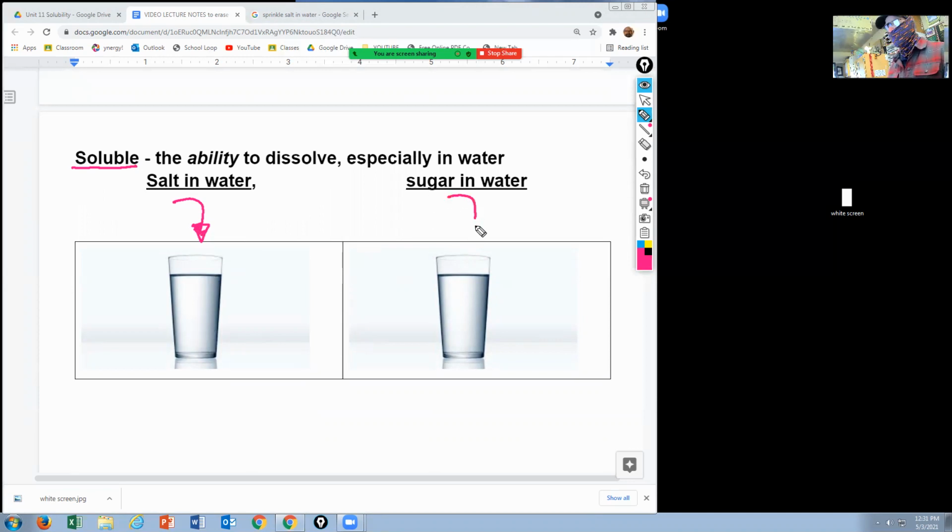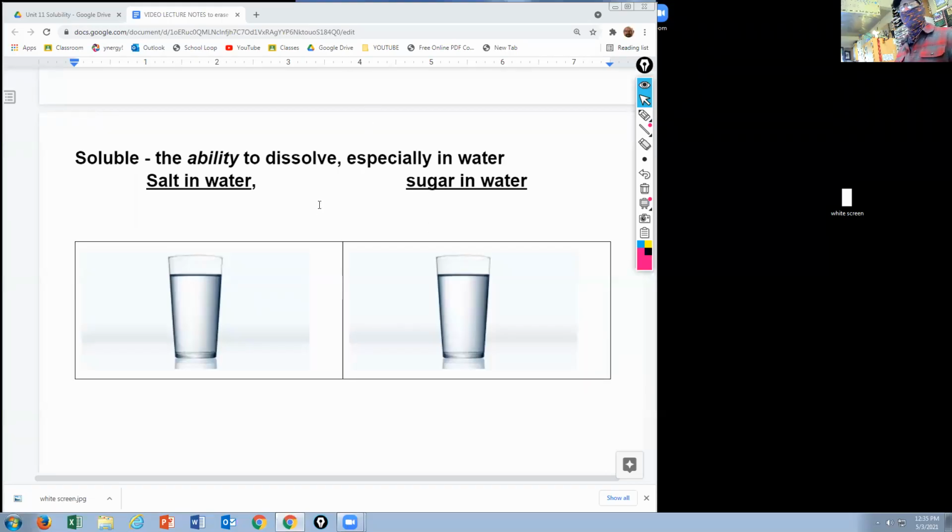And this is a picture of sugar water. We've taken solid sugar and put that into the cup. Now, if these two cups look exactly the same, that's good. They are the same picture, but this is what the difference is between salt water and sugar water. You can't see the difference, okay? So that would be soluble.